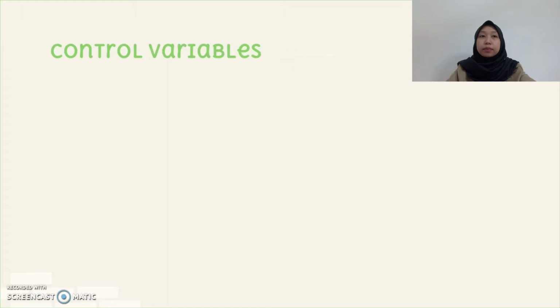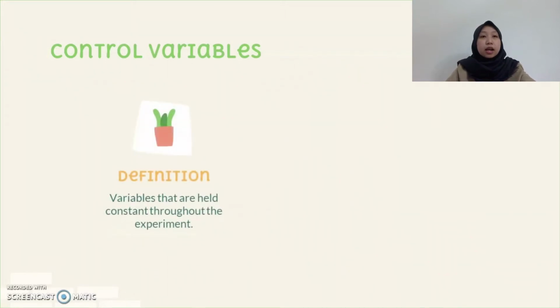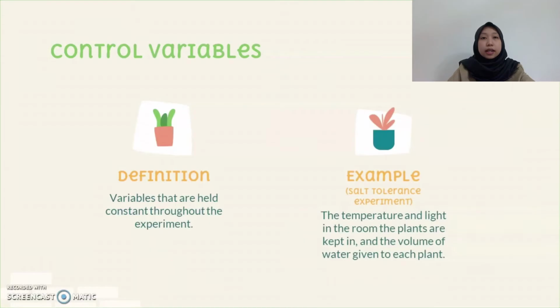Control variables. Control variables are variables that are held constant throughout the experiment. Example from salt tolerance experiment is the temperature and light in the room the plants are kept in, and the volume of water given to each plant.